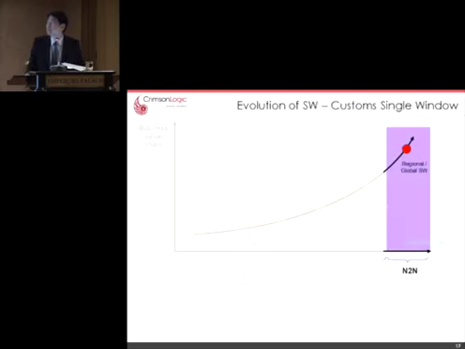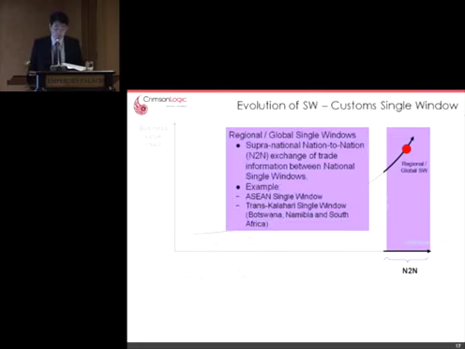Okay. And the next step after the national single window would be a global single window, or what we call a supra nation-to-nation exchange of information. So an example would be the ASEAN Single Window and the Trans-Kalahari Single Window that put together a few single windows and exchange information.